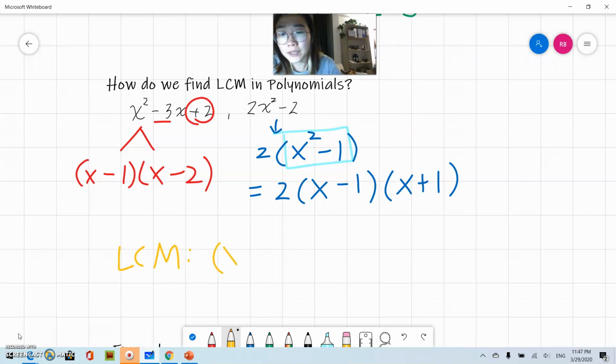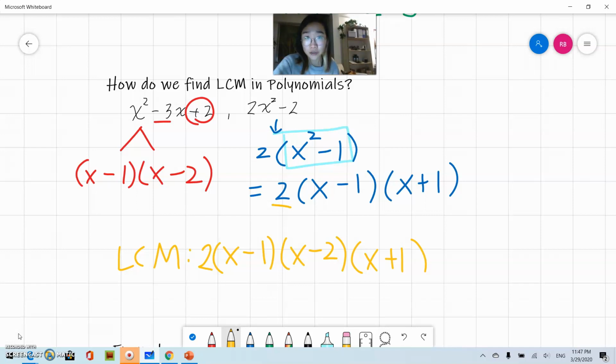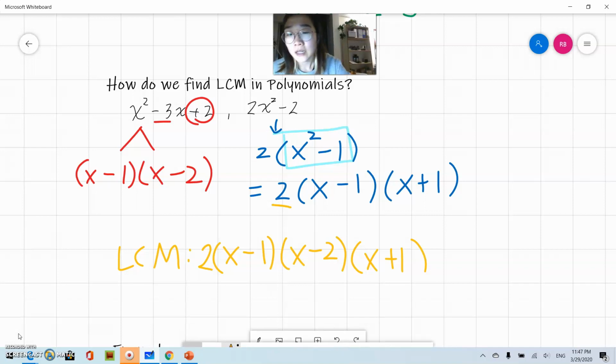So I see x minus 1, x minus 2, and I see 2 here, so I'm going to write it in front. And then I see x plus 1, because I already wrote x minus 1. And that's your LCM. You don't need to FOIL to figure out what the standard form looks like, because we'll never need to do that in this chapter. So just leave the LCM the way it is.